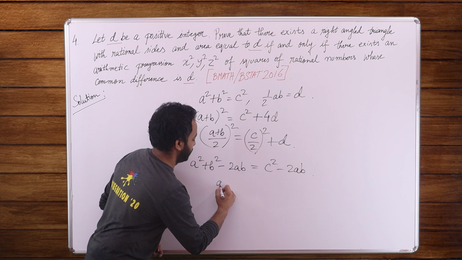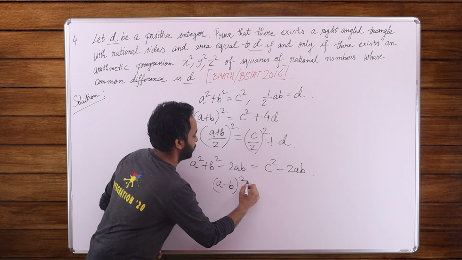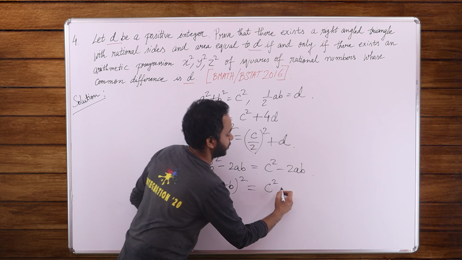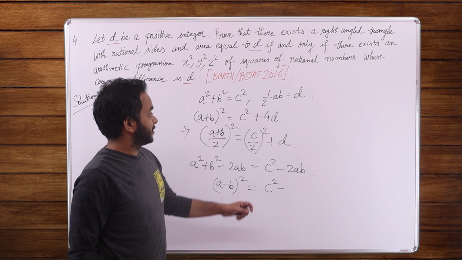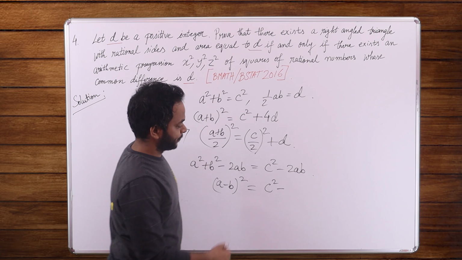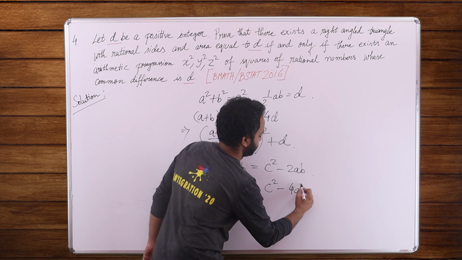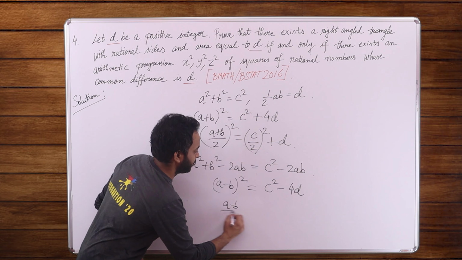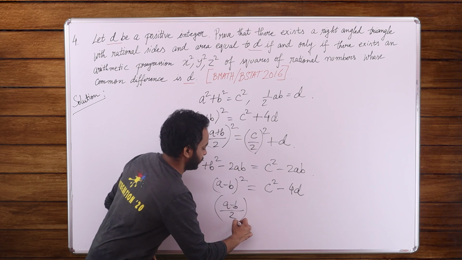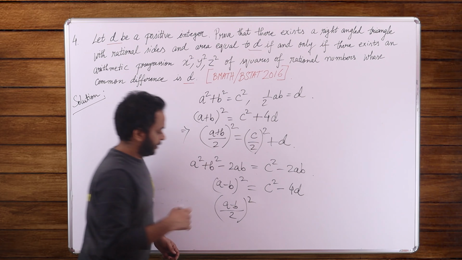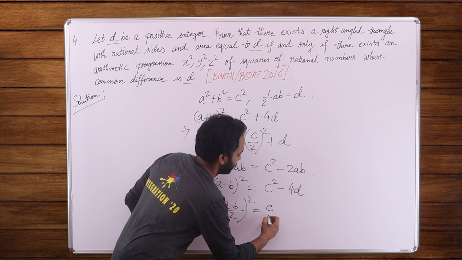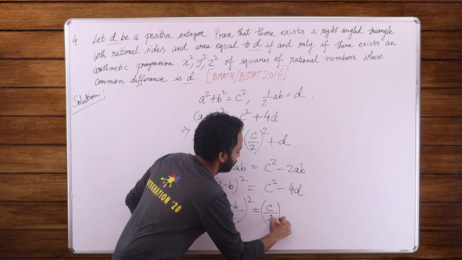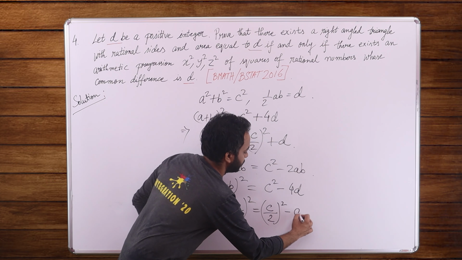And so we get a minus b whole square is equals to c square minus, then this ab is equals to 2d, so this is coming out to be 4d. And now you see, we get a minus b by 2 whole square, and that's equal to c by 2 whole square minus d.